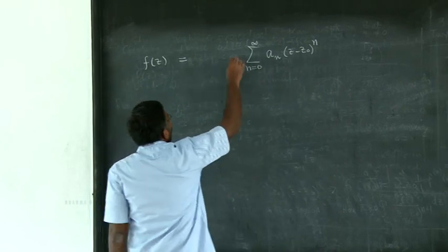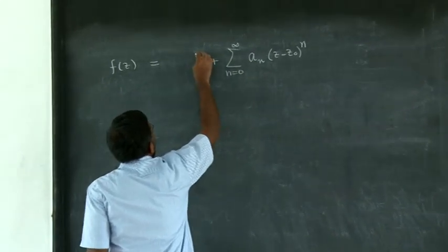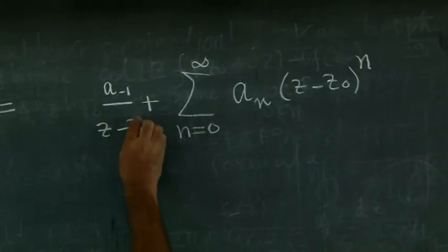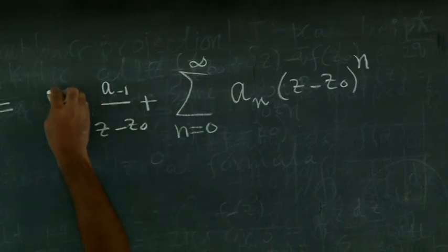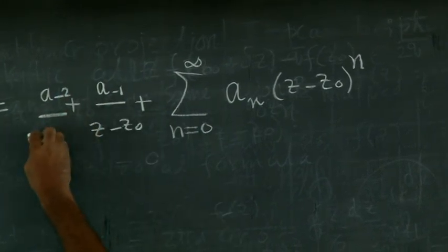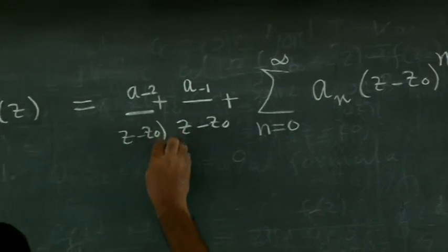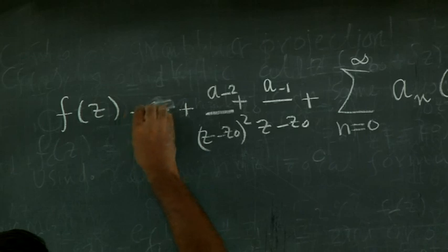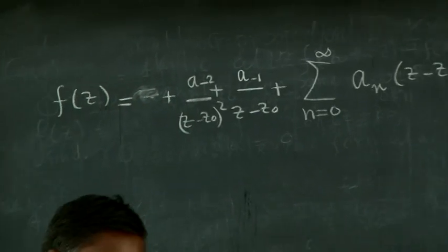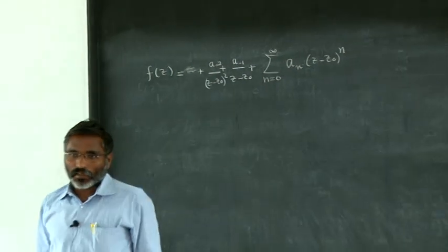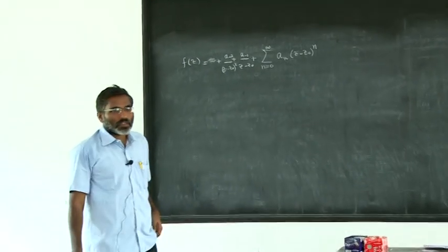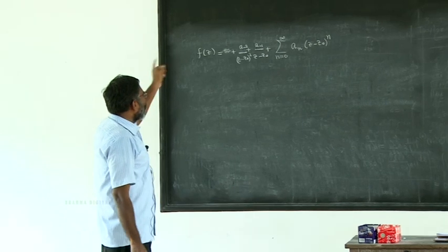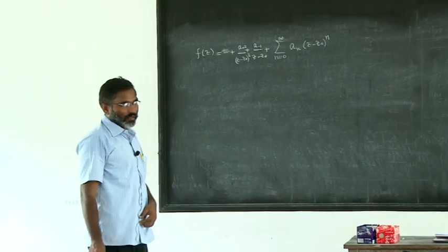But in addition to this, if we have some terms like this, a minus 1 divided by (z minus z naught) plus a minus 2 divided by (z minus z naught) whole square and so on. If I have something like that, that is, the expansion of a function has some terms which are negative exponents of z minus z naught.